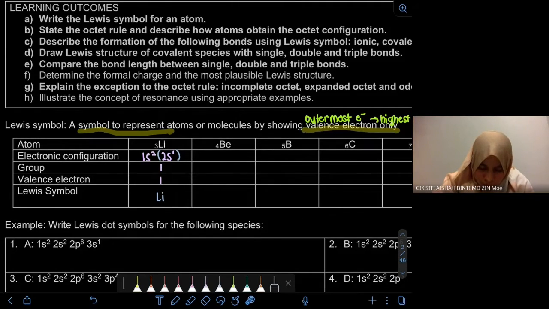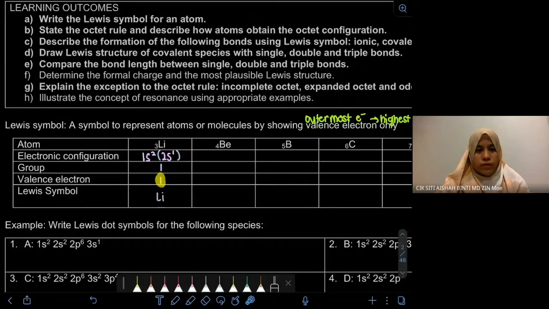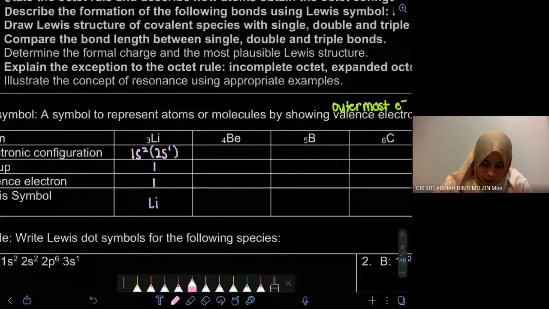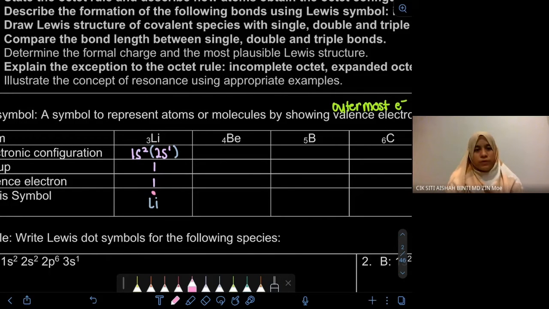Lepas tu kita tahu dia ada 1 je valence electron. So macam mana nak draw the Lewis symbol? So lukis je satu dot dekat sini. Macam tu. So dot tu kamu nak lukis kat atas boleh, kat kanan boleh, kat bawah boleh, kat kiri pun boleh. So mana-mana lah, but make sure you have to draw one dot to show for the lithium we have one valence electron.